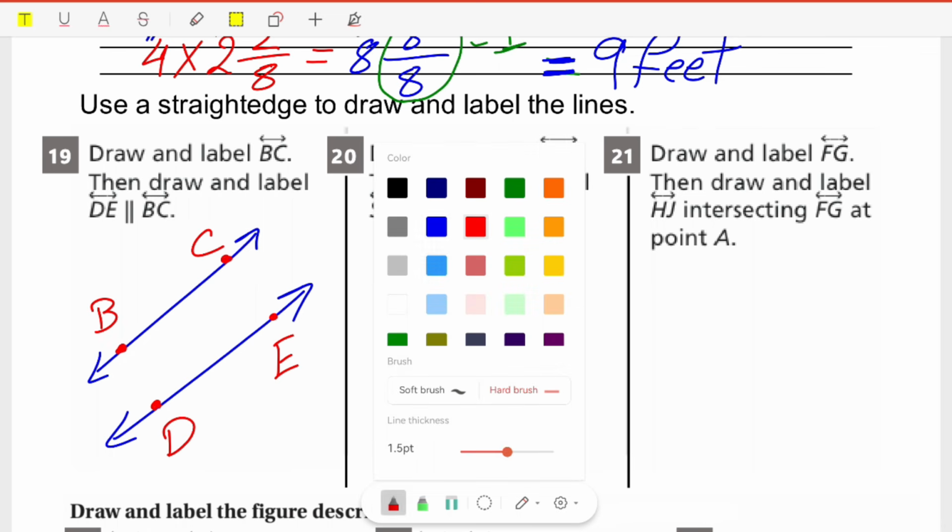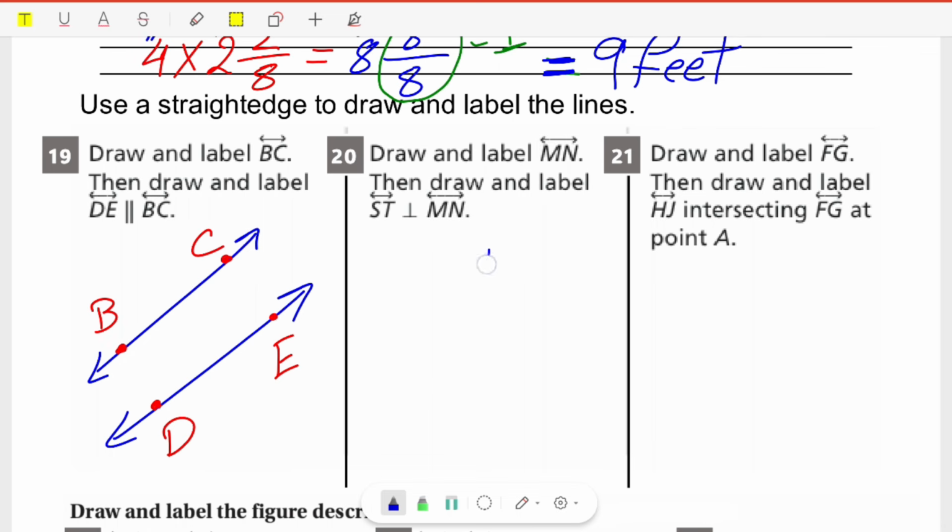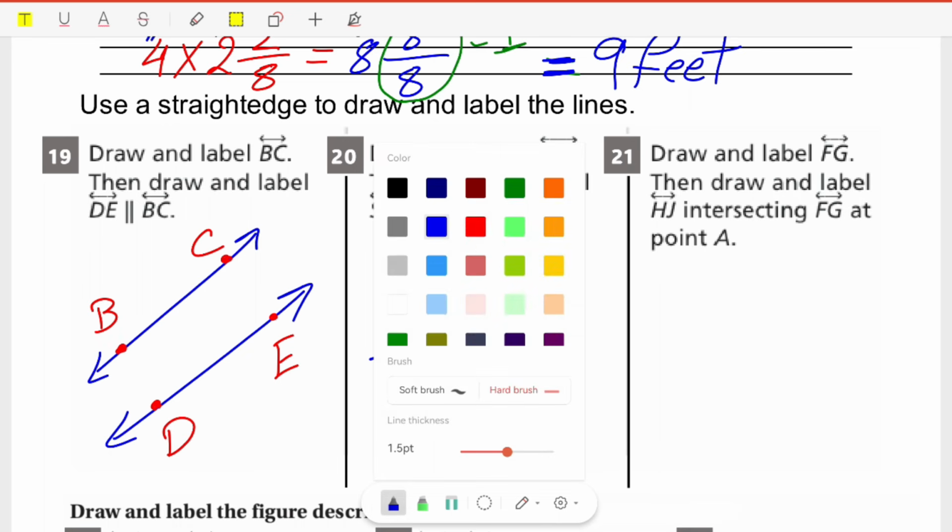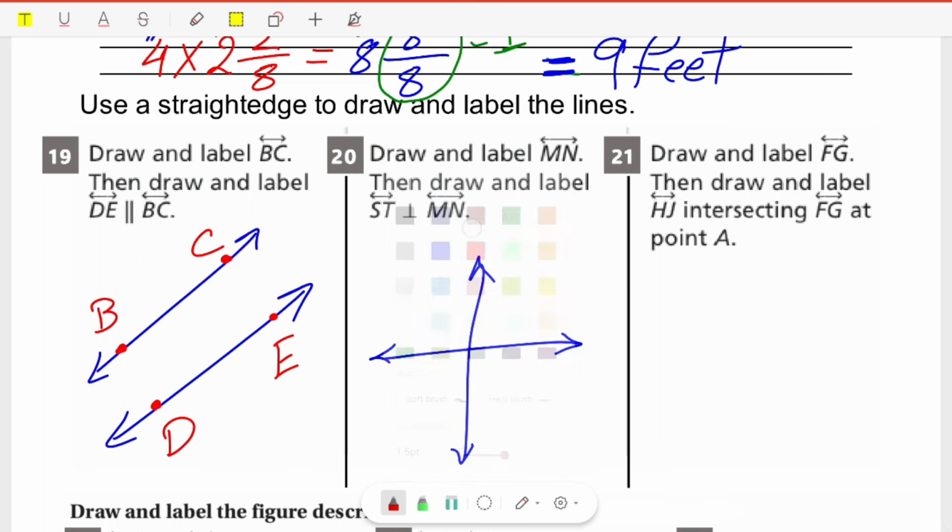Okay, so we're gonna draw here a plus sign like that, and don't forget to put the points S, T, M, N, and it forms, of course, a square corner or a right angle.